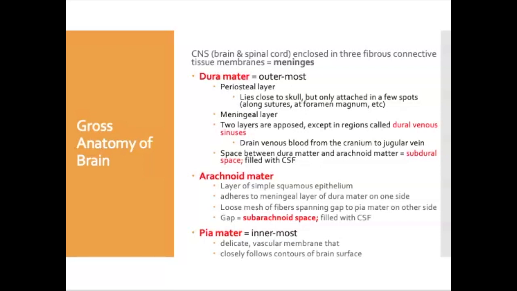I often tell students to imagine you have 2 pieces of cloth laying on top of each other, and you run 2 lines of stitches, maybe an inch apart from each other. What you've created between those 2 lines of stitches is like a little channel. You could put your finger in there, or you could put a pencil in there. That channel is very similar to these dural venous sinuses.